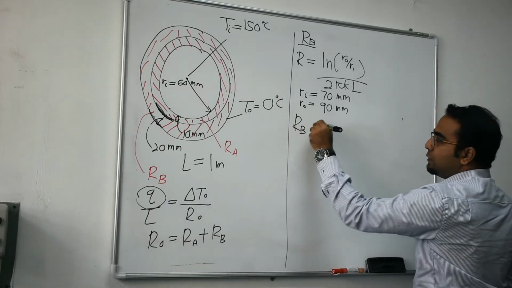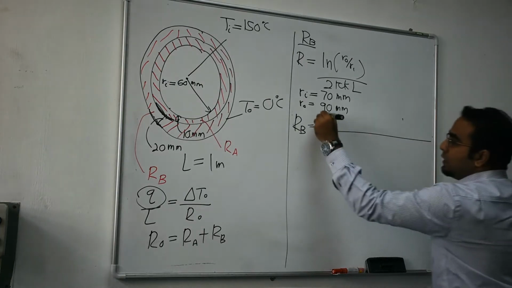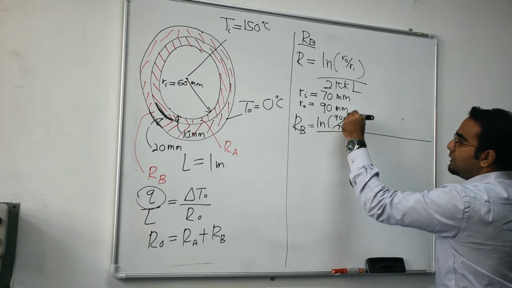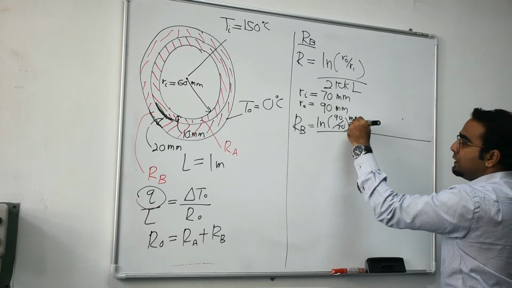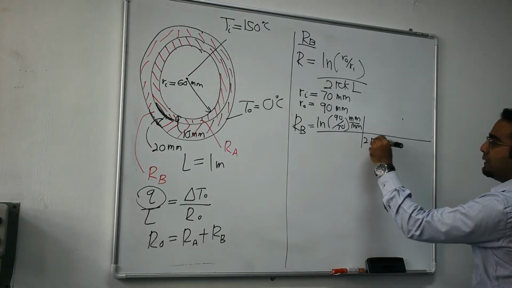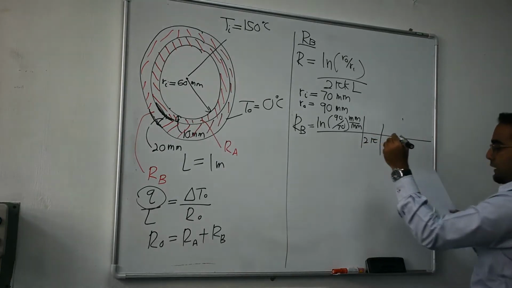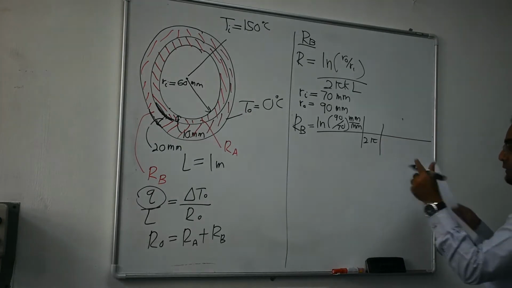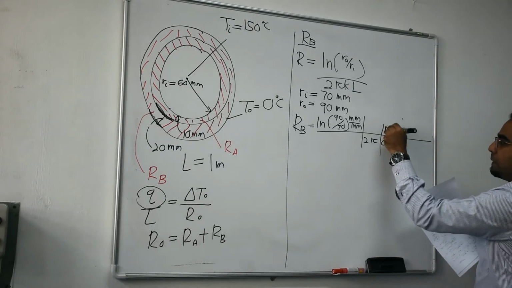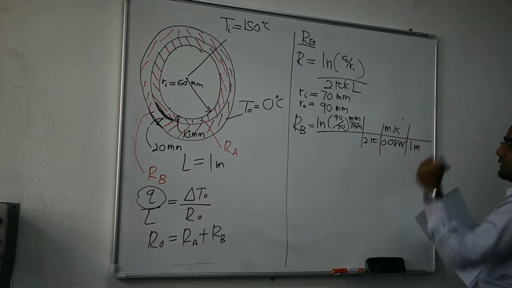RB is equal to, again, ln 90 over 70 millimeter over millimeter times the value of 2 pi times the value of thermal conductivity of RB, which is 0.08 watt per meter Kelvin, and times the length, which is 1 meter.